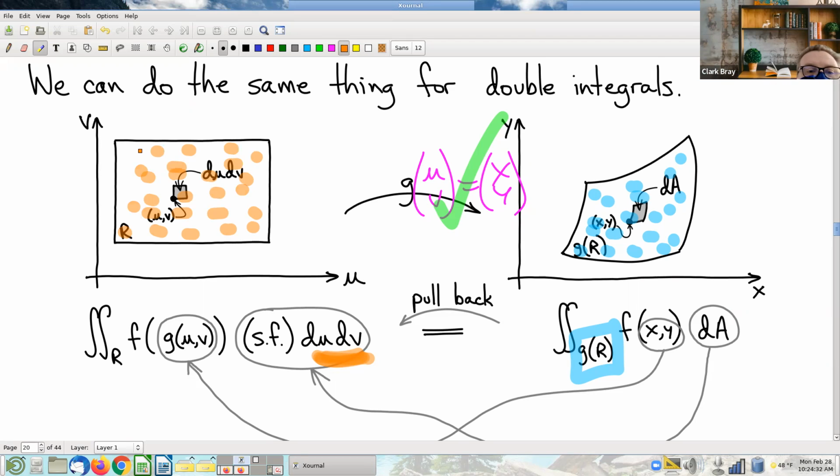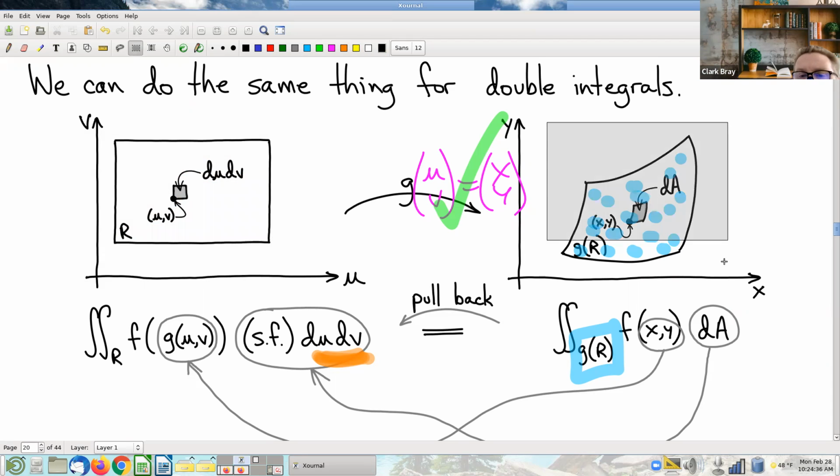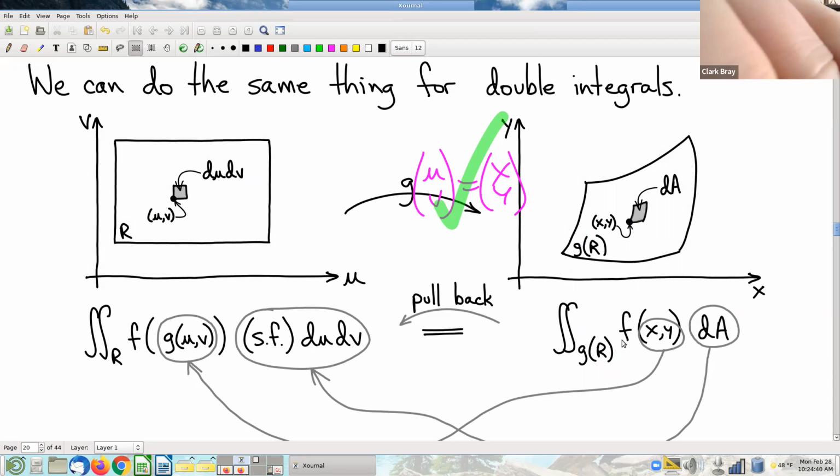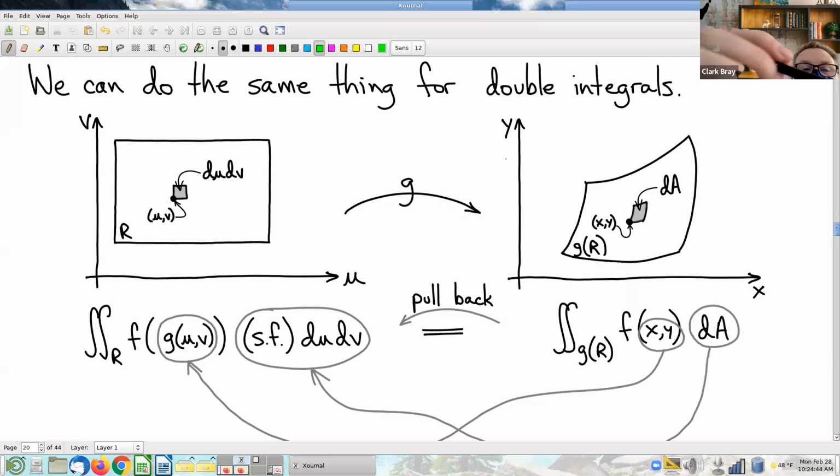And again, we come down to, yeah, but what about the differentials? And what's this input size here? Let me do it like that. This input size here, that little piece of rectangle, is probably not the same size as its image.